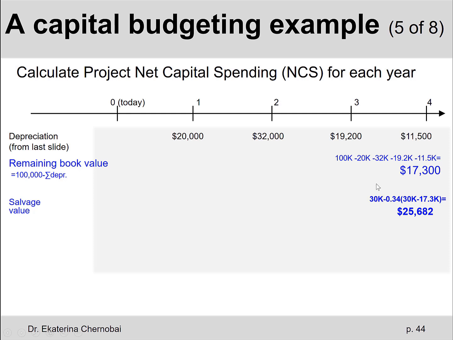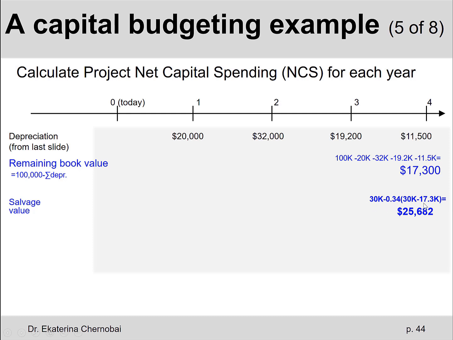So it's like we are expecting to sell it at a huge profit. And the IRS is gonna like it because it's gonna ask us to pay tax on that profit. And so instead of being able to put the entire selling price of $30,000 into our pocket, we are gonna be allowed to put less than that after paying the tax.